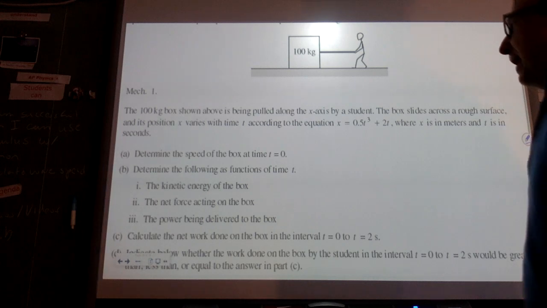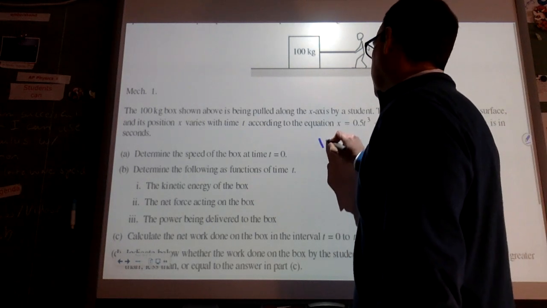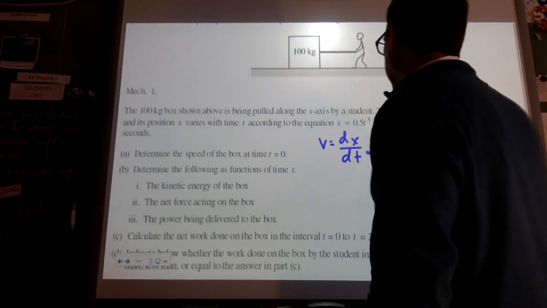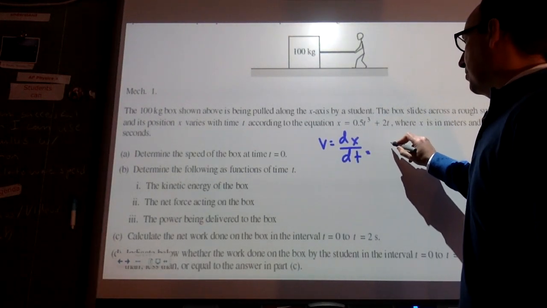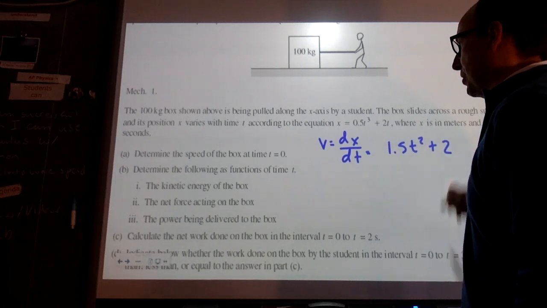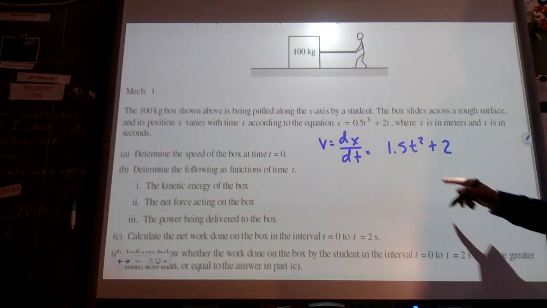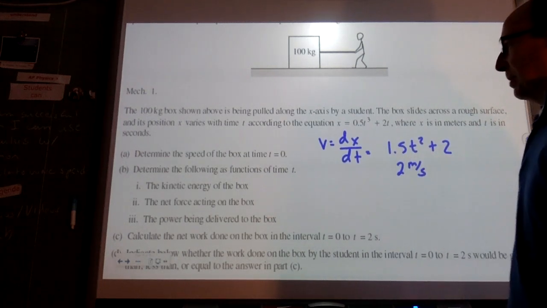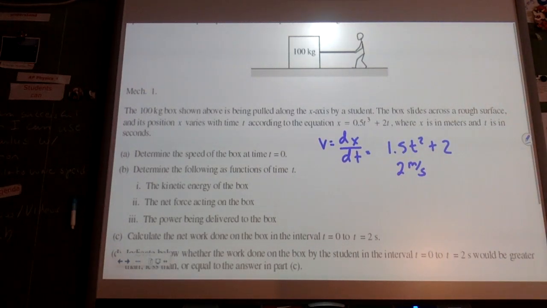Determine the speed of the box at time t equals 0. So v is going to be dx dt. And so this is going to be 1.5 t squared plus 2. When I put in 0, that's going to cancel out. So it's going to be 2 meters per second.